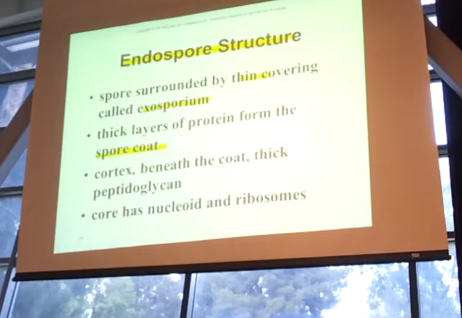That's a thin covering. Under that, you have a cortex, and then you have a core. And this just is kind of showing you that basically inside the core, that's where you find the nucleoid and ribosomes. The cortex has peptidoglycan in it. Then you have the spore coat and exosporium.